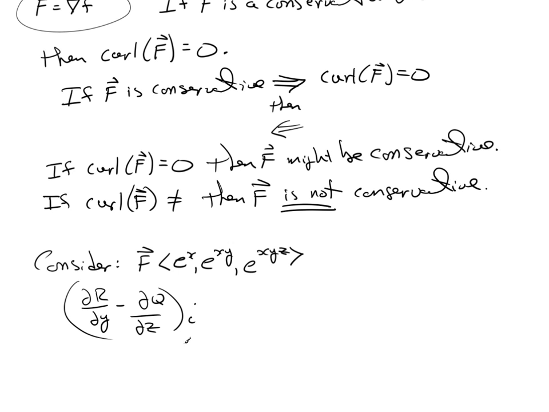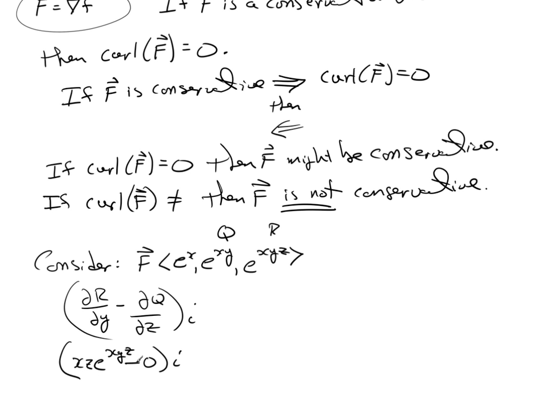That's the first component, so let's just start there. The partial of R with respect to y is going to be xz e to the xyz, minus the partial of Q with respect to z. This is Q. So this is 0. I'm done. This is not going to be 0. It doesn't matter what happens beyond here. The i component is going to be xz e to the xyz.